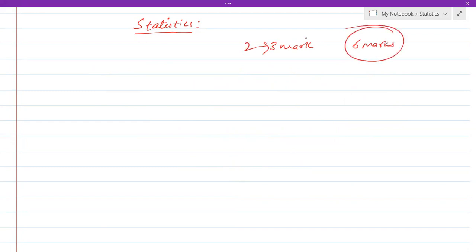One 3-mark question will be finding the mean or mode or median, it can be anything. The other 3-mark question will be based on a graph known as OGIVE curves, which we'll be discussing later in the video.